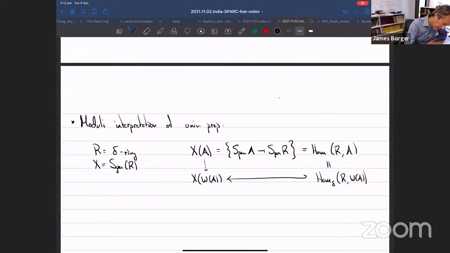This is a little funny, right? Because W of A projects onto A, and there's rarely a map going backwards.